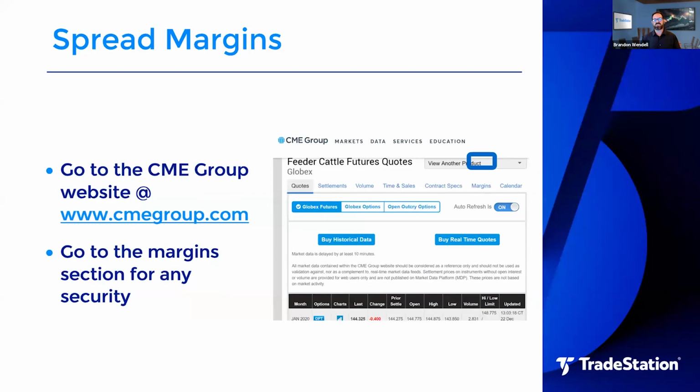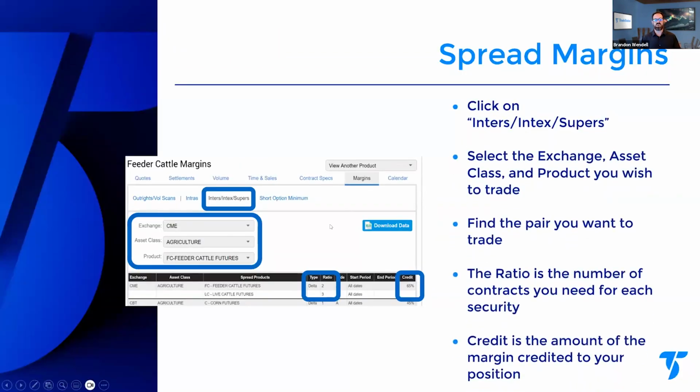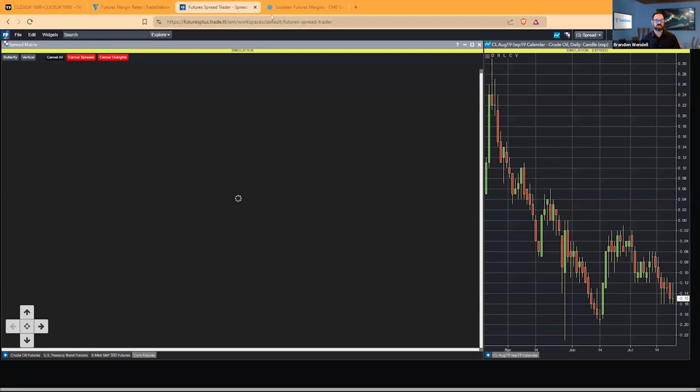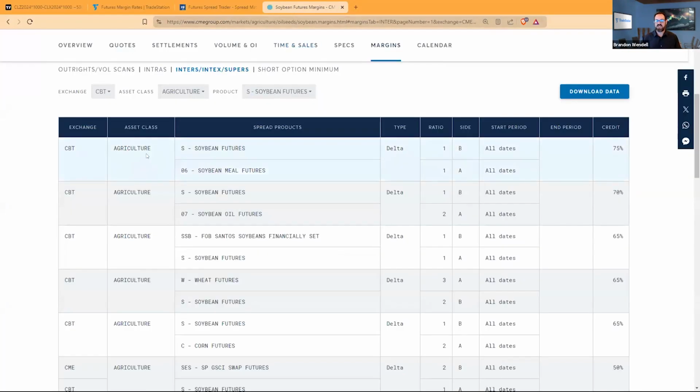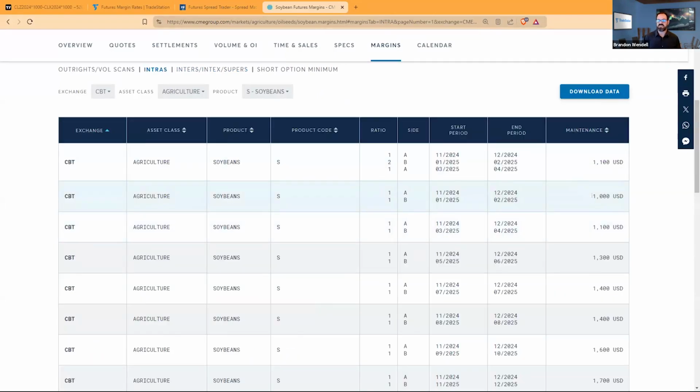Now, for the margins, to figure out what the margins actually are, it's pretty much the same place I just showed you on the CME website. What you'll notice, though, when you find a pair that you'd like to trade, and I'll go to the CME Group website again, on the intra markets, I already mentioned, they show you the maintenance value. You multiply that by 1.1, that's the actual value of the initial margin you'll need.